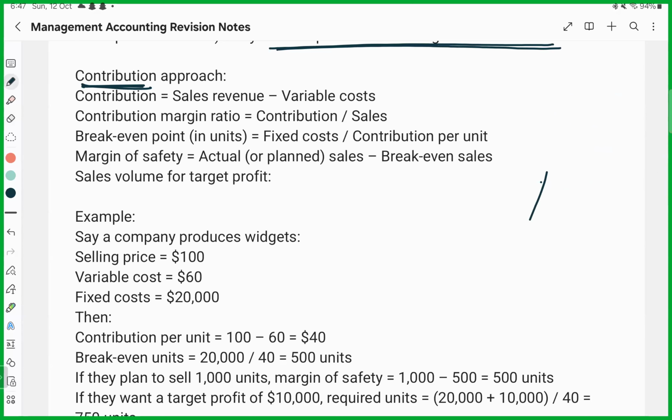The company has product A. Till now, the company is paying a rent, say 1,000 rupees, manufacturing 100 units.